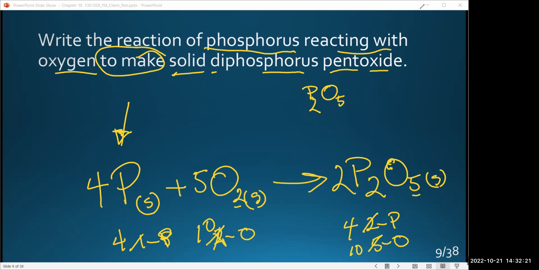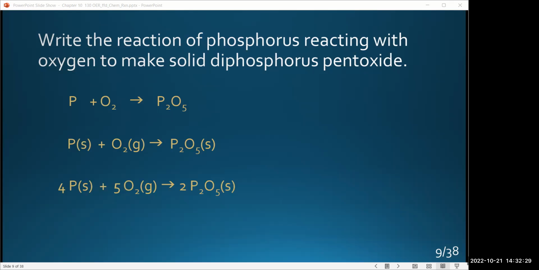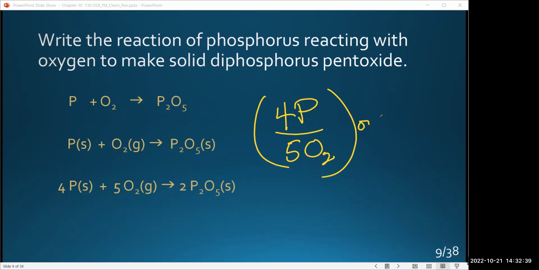Okay. And there's the physical states, which we did, and there you go. And furthermore, look at the ratio. So we got one ratio of 4 phosphorus to 5 oxygens. Okay. Or we can just invert it. Okay.